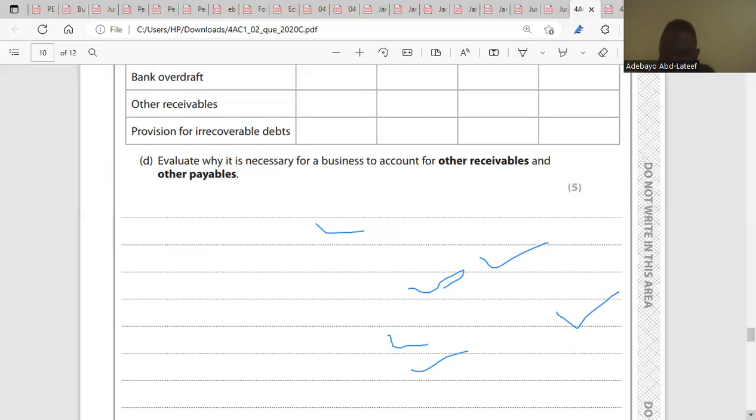Do you get it? So if as an accountant I am presenting the financial statement for this year, I am supposed to give an accurate figure of what has happened for this year. And to do that, I must not ignore other receivables. I must not ignore other payables. So that we can give an accurate view of profit and losses, or an accurate view of assets and liabilities.